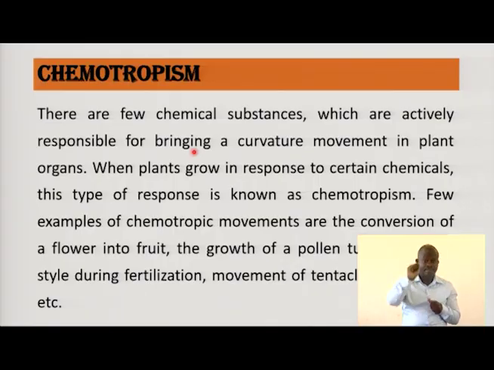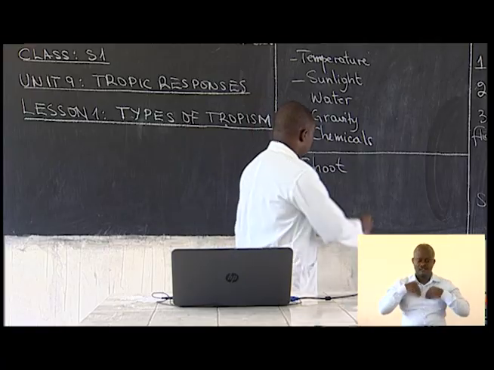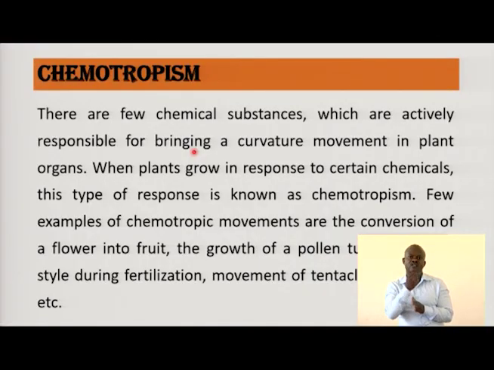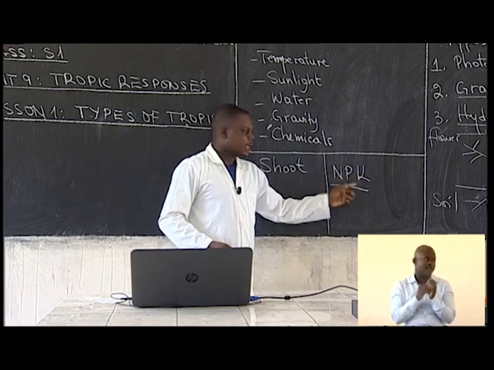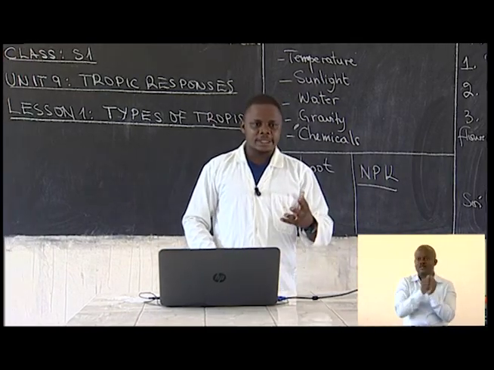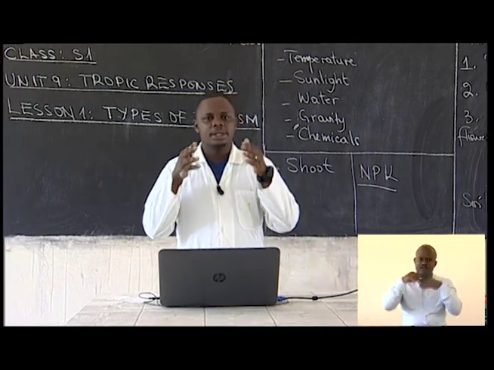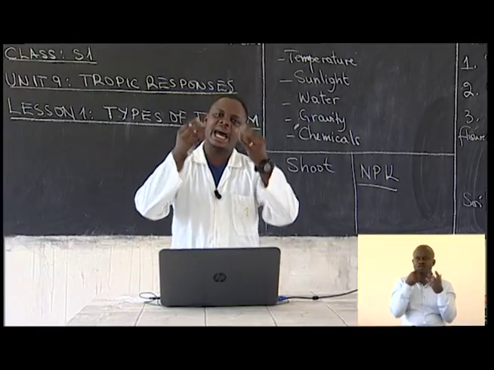Remember, when we talk about fertilizer, when we add fertilizer in the soil, let us take an example of fertilizer NPK, where we have nitrogen, phosphorus, and potassium. These are chemicals which are needed by plants. So plants have roots which move towards those chemicals so that they can absorb them.